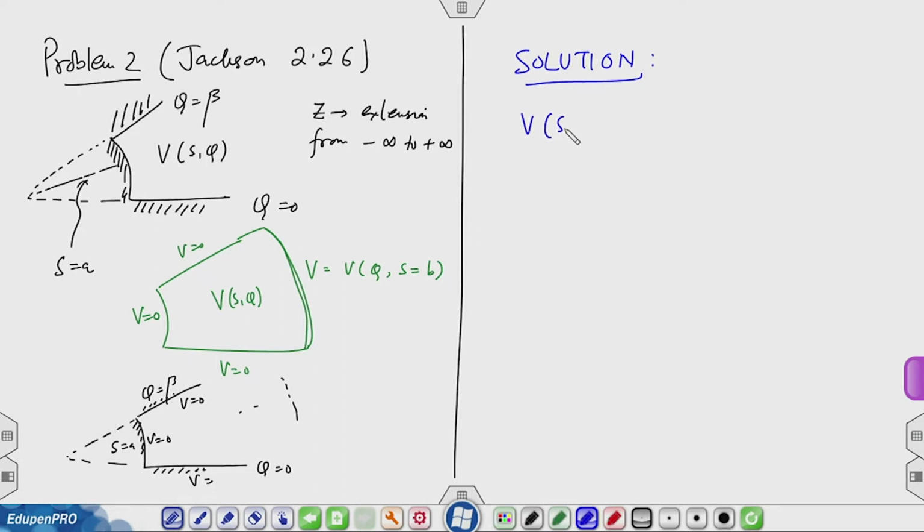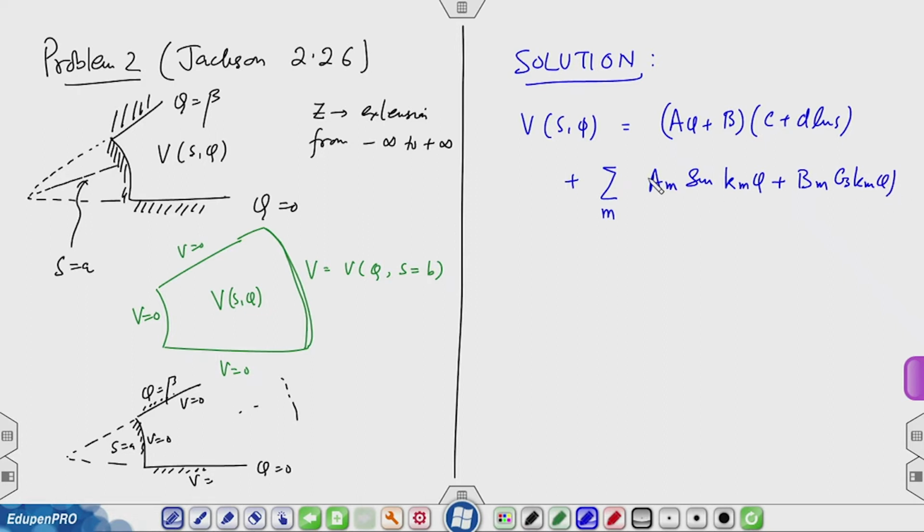So, for the solution, we know what the solution is, V(s,phi). We have written the full solution as A phi plus B times C plus D log s plus summation m of (A_m sin(k_m phi) plus B_m cos(k_m phi)) times (C_m s^(k_m) plus D_m s^(-k_m)).